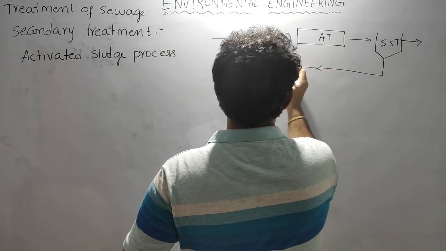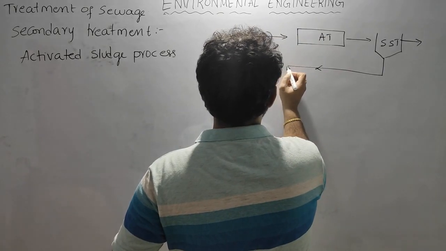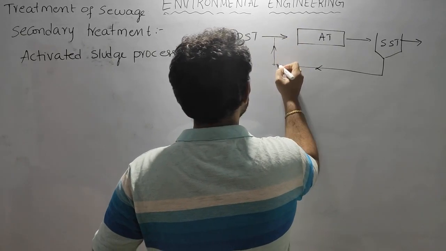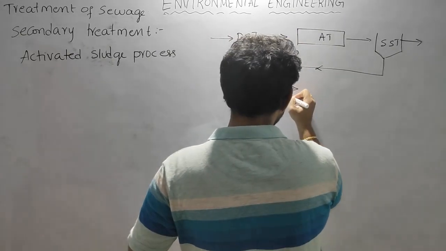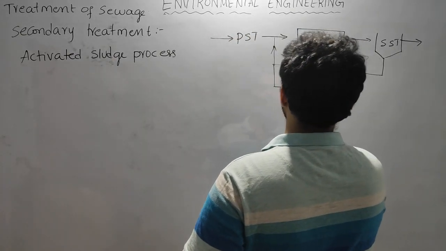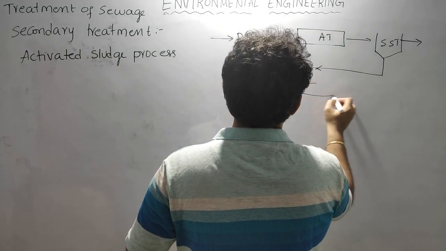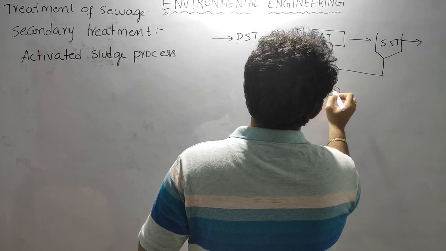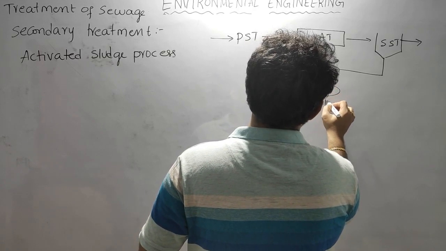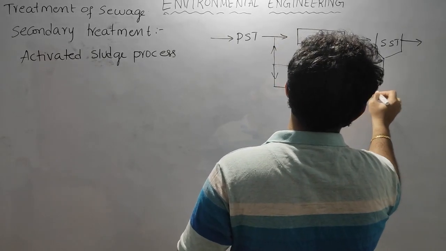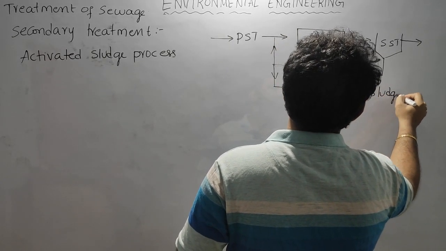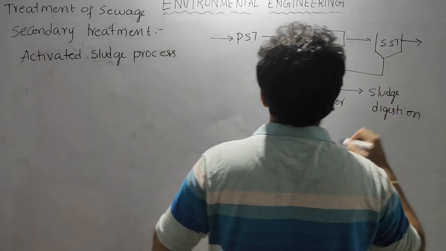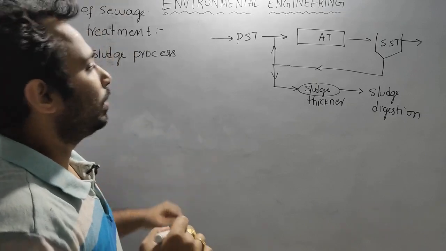In this returned sludge, we will take some amount into the aeration tank, and some amount we waste, sending it into the sludge thickener, and then we send it to sludge digestion. So this is the sequence.